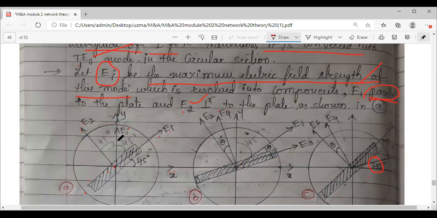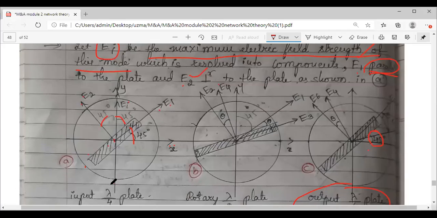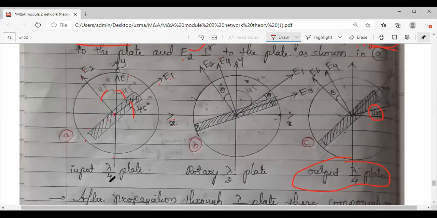Please understand the markings which I have done. If this is 45 degrees, the remaining is obviously 45 degrees, right? Then only it becomes a total of 90 degrees. And when you are resolving equally into two components, this angle is also 45 degrees. So these are the markings. This is for the input quarter wave plate, only the first plate.